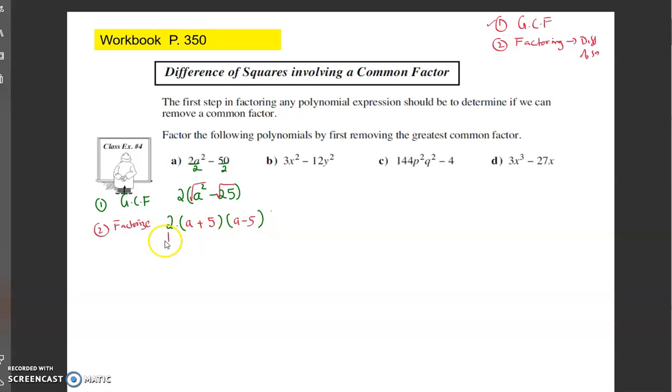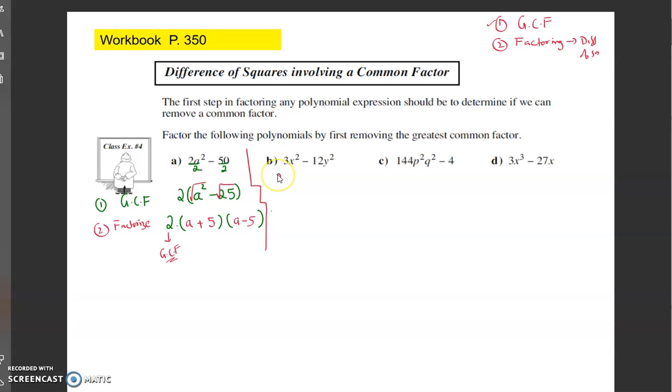Remember, the GCF is a very, very important step throughout your factoring. That's why it's the first thing that we do. In part B here, see if there is a GCF. It doesn't mean that every time there will be a GCF. Some questions are just going to be ones that you cannot factorize. But we should always try to see if there is a GCF.